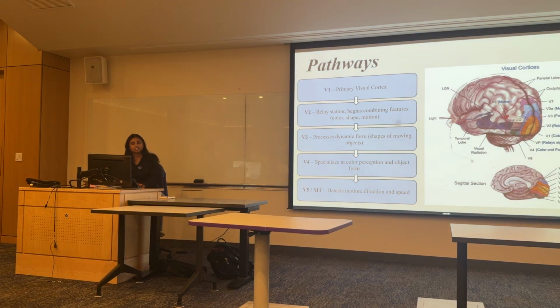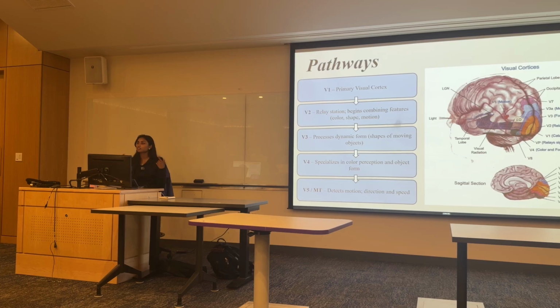And then here are different pathways within the primary visual cortex. So you have your primary visual cortex, and then like I said before, there are different groups of neurons that may decipher different parts of your visual field. So you have these sections V1 through V5. V1 is your primary visual cortex. V2 is something called the relay station.